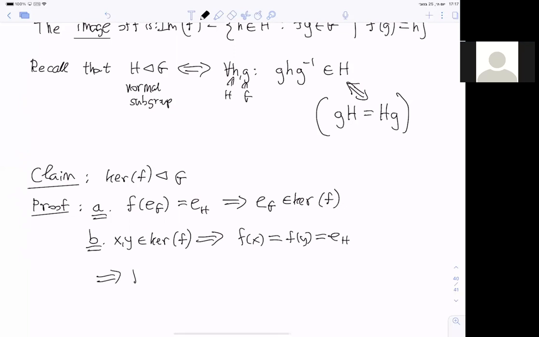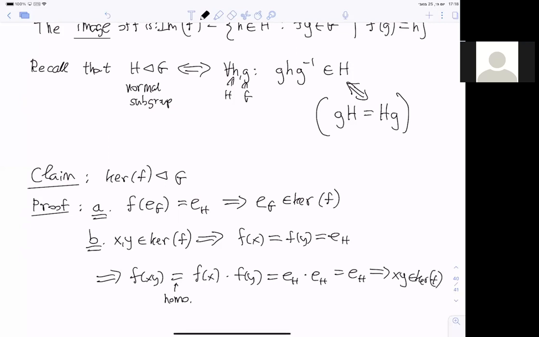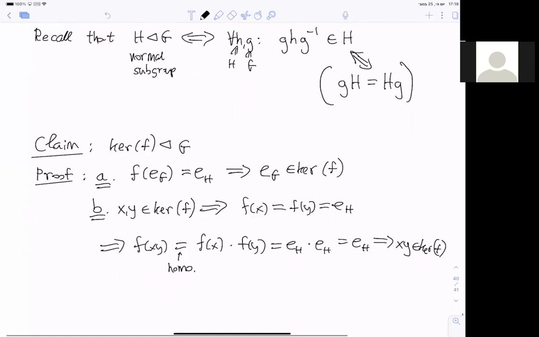So f(xy), recall that f is a homomorphism, equals f(x) multiplied with f(y), but these both are e_H. So also xy belongs to the kernel. This means that the kernel of f is closed under multiplication.